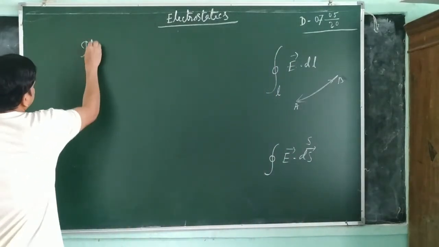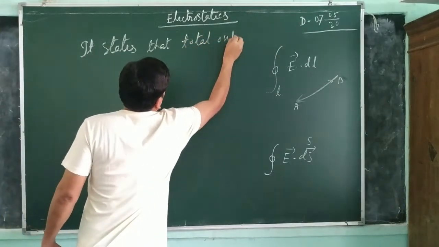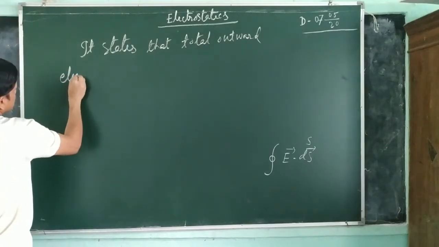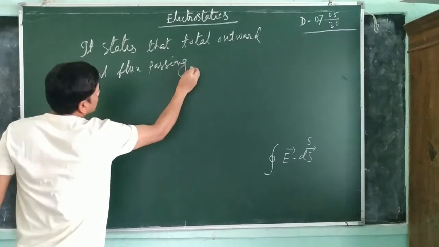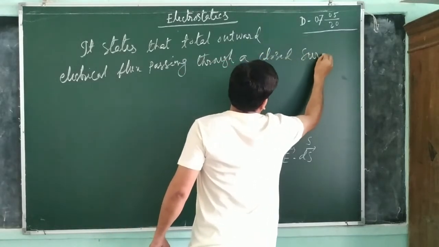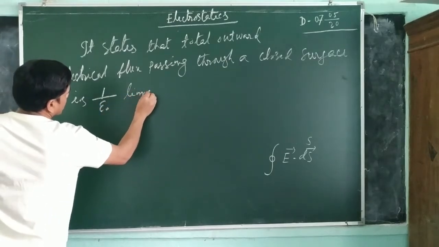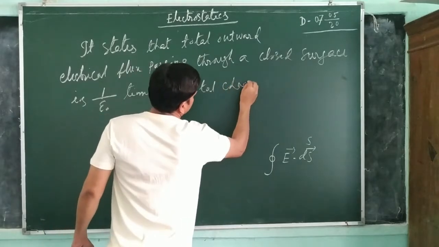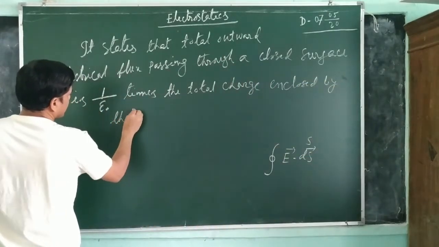So I am writing, it states that the total outward electrical flux passing through a closed surface is 1 by epsilon naught times the total charge enclosed by that surface.